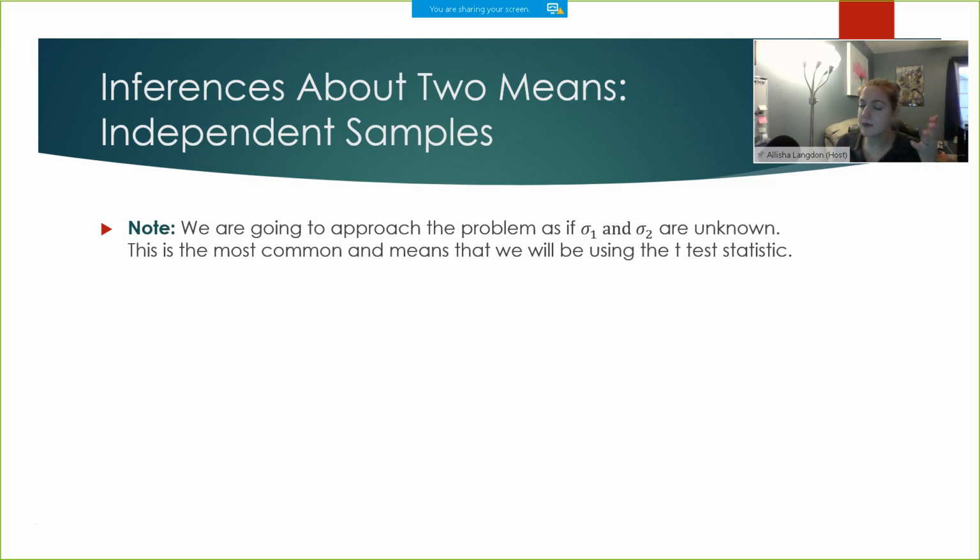So, note, we are going to approach these problems as if sigma 1 and sigma 2 are unknown. So if you remember from last week and the week before even, we talked about the idea that if we don't know our population standard deviation, which is our sigma, which variable do we have to use? If we don't know sigma, we have to use our T. Exactly. We've got to use our T statistic if we don't know our population standard deviation, which is our sigma.